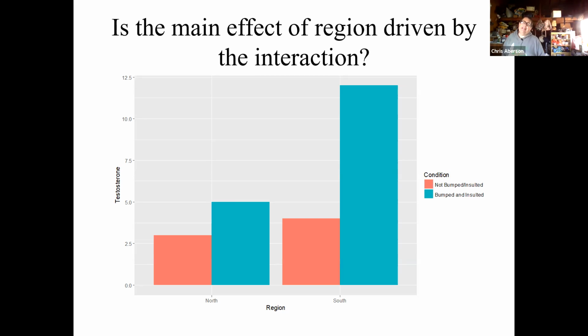Just eyeballing this, in the not bumped, not insulted condition, northerners and southerners are pretty similar in their means. However, in the bumped and insulted condition, there's a big difference. So I would say the main effect for region is pretty much driven by that interaction, that one cell that's jumping out.